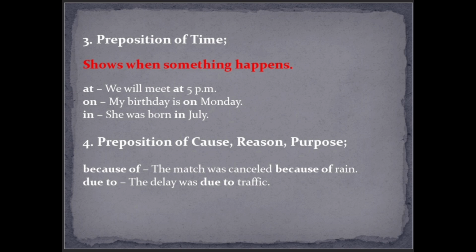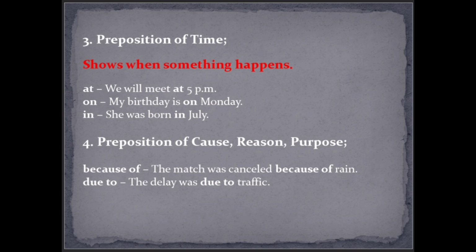Okay. Example: we will meet at 5 p.m. Here, at is used to express the exact time. So when you express an exact time, we place the preposition at before that time in the sentence. My birthday is on Monday. Okay.